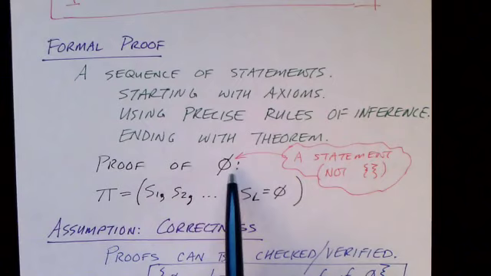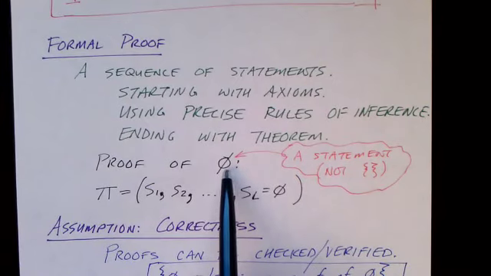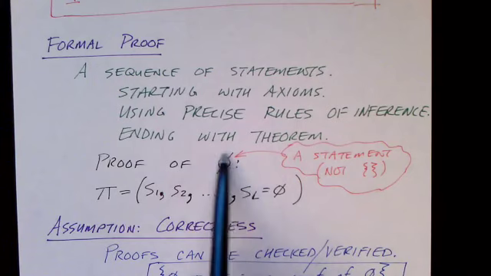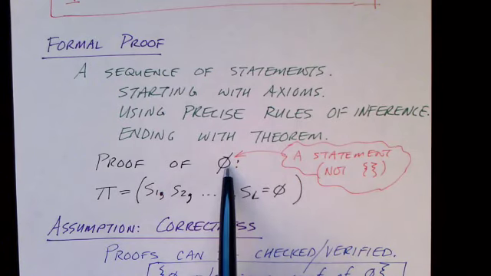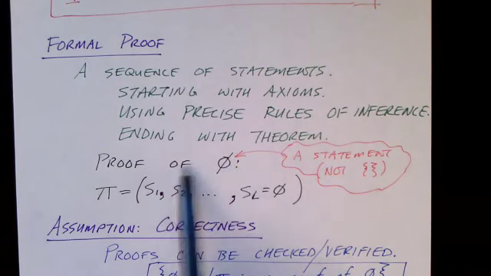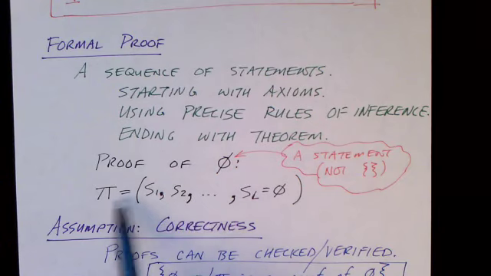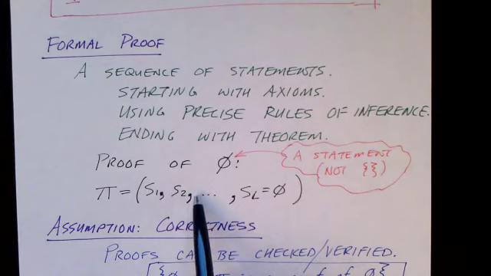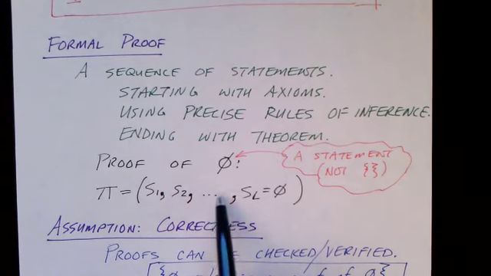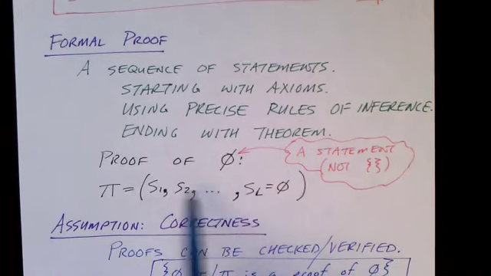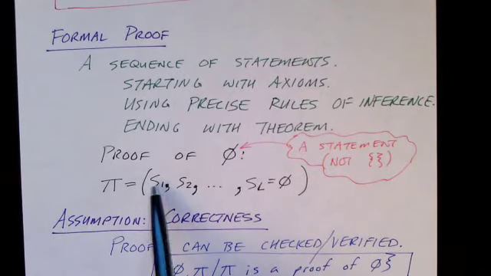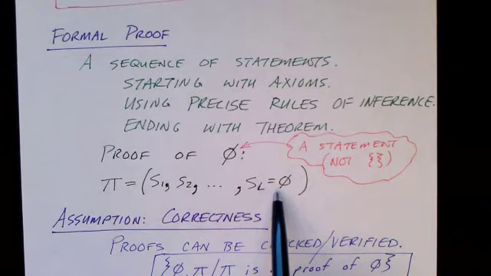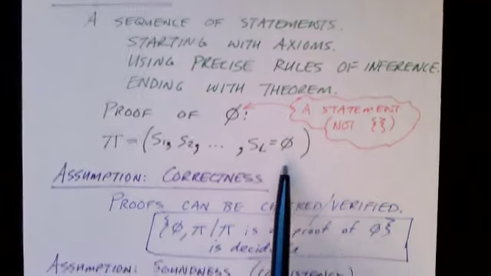This symbol here, phi, is not the empty set. It stands for a logical formula. And a proof of some logical formula we can symbolize as a sequence of statements in predicate logic, and the last statement is the statement phi that we're proving.